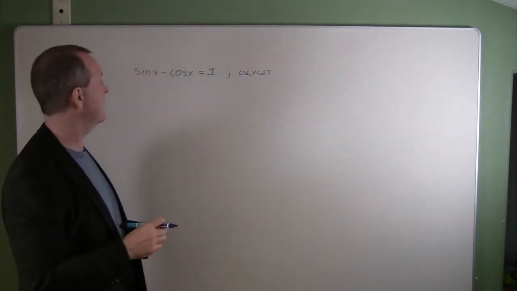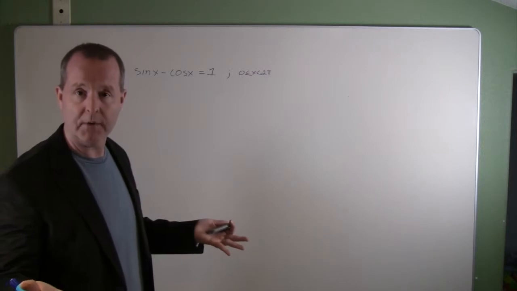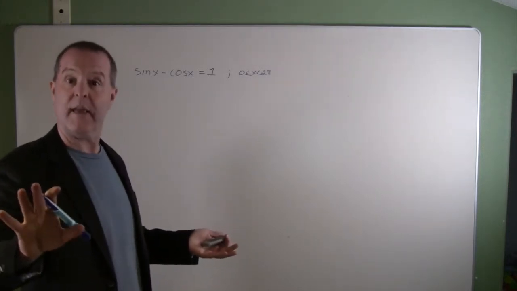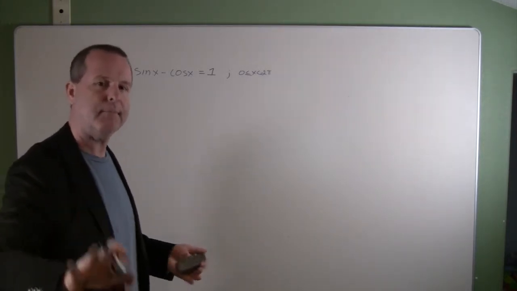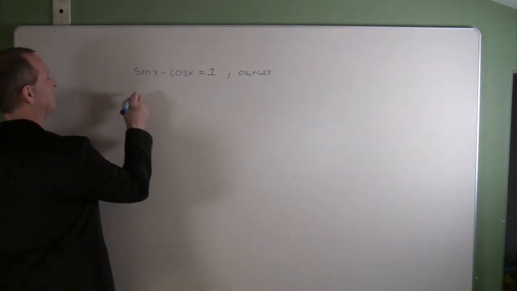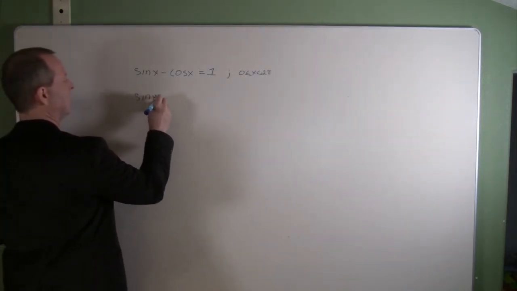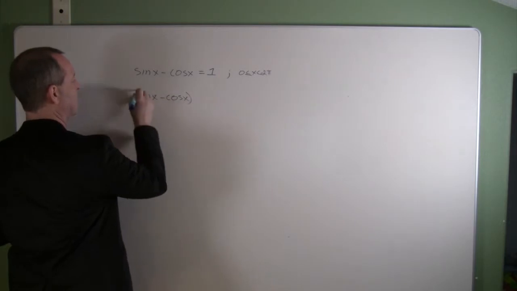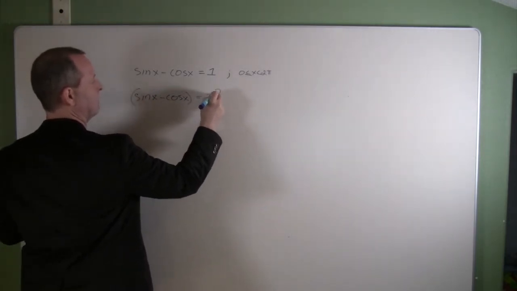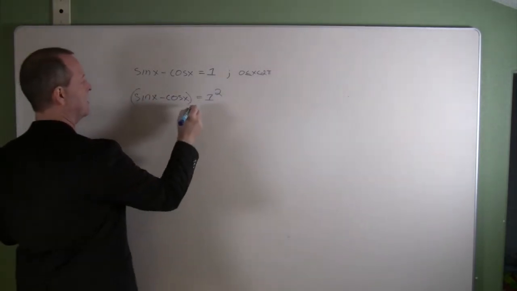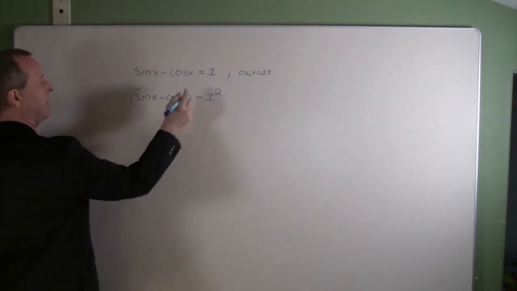So one thing that we can do with this problem is let's square both sides. I know you're asking, where in the world did that come from? I get it. But just sit back and watch. Square both sides. The right side just becomes a 1. Let's do this side.